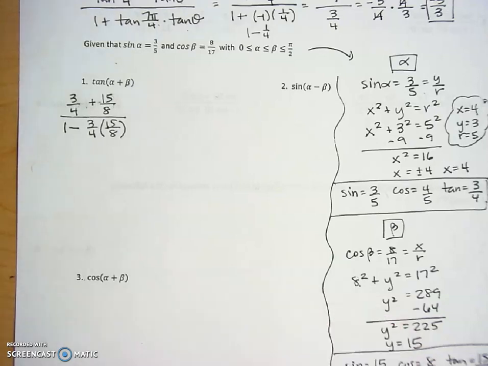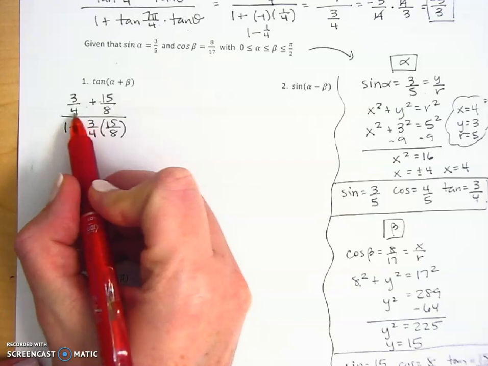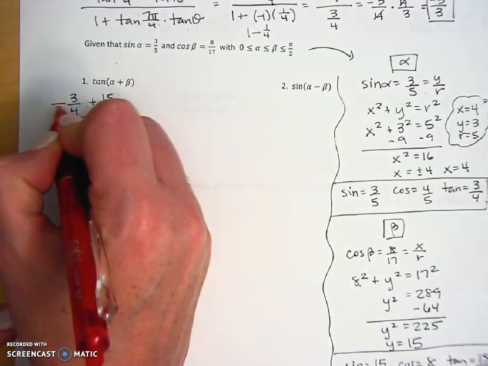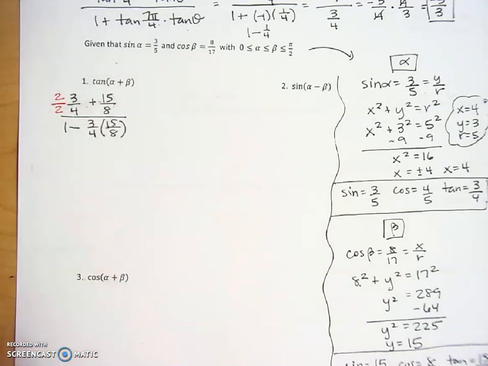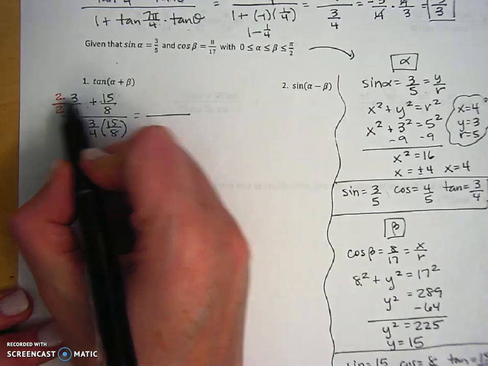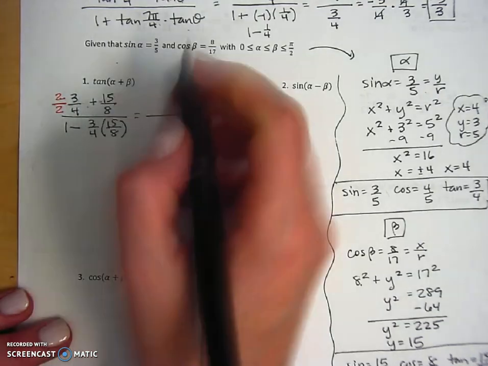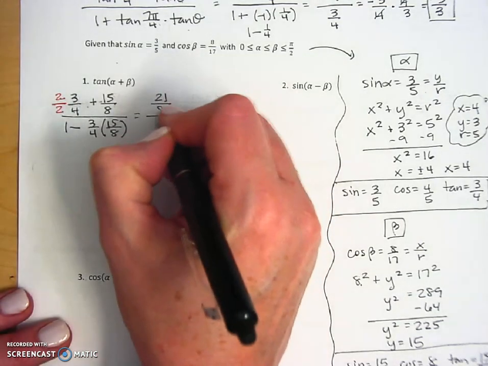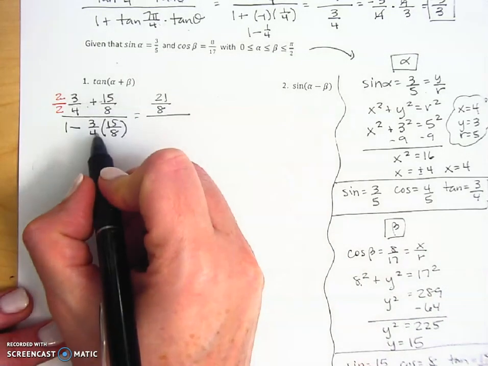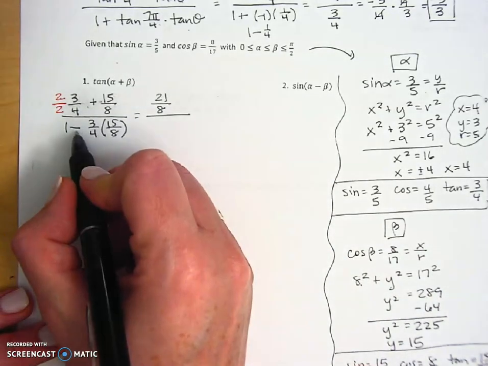All right, in the numerator, we need to make like fractions with common denominators. They have a common denominator of 8, which means rewriting the first fraction by multiplying by 2 top and bottom. So this gives me 6 over 8 plus 15 over 8, which is 21 over 8. In the denominator, multiplication comes before subtraction.